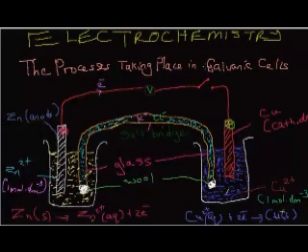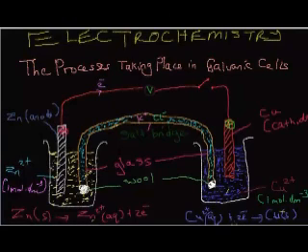These electrons, as we have said, are transferred to the copper through the external circuit, so there is a current flowing in the circuit. There is an equal number of electrons lost and gained, as we would expect in a redox reaction.